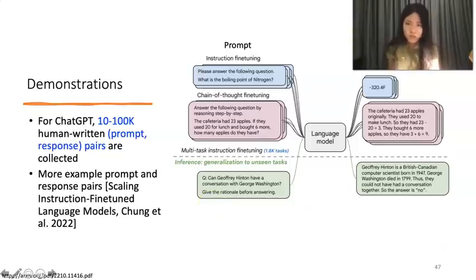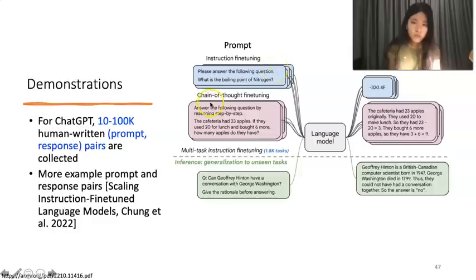For demonstrations, here's an illustration I took from this paper that will give you some sense of what an instruction is. An instruction is like, please answer the following question: what's the boiling point of nitrogen?